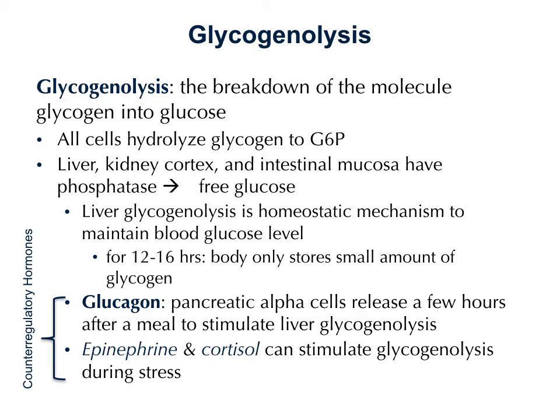Glucagon, epinephrine, cortisol, and growth hormone are what are called counter-regulatory hormones, and they act in the opposite manner of insulin. They cause the raising of blood glucose levels. Okay, so let's look at glycogenolysis in a liver cell.